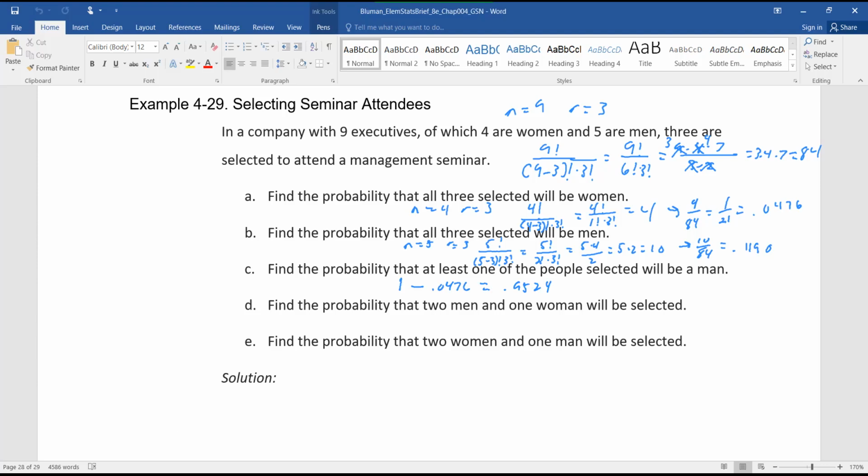Now on the next one, it then says find the probability that 2 men and 1 woman will be selected. So what you got to do is you got to find the probability of 2 men being selected. And means what? Multiply.